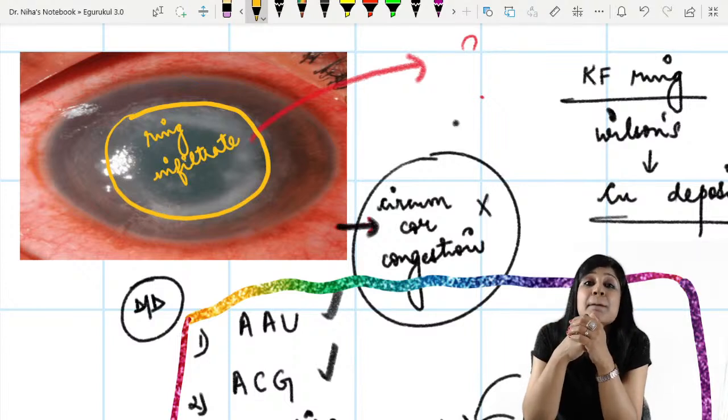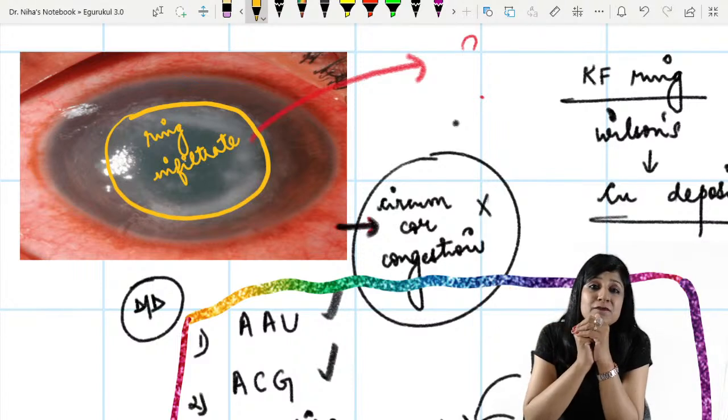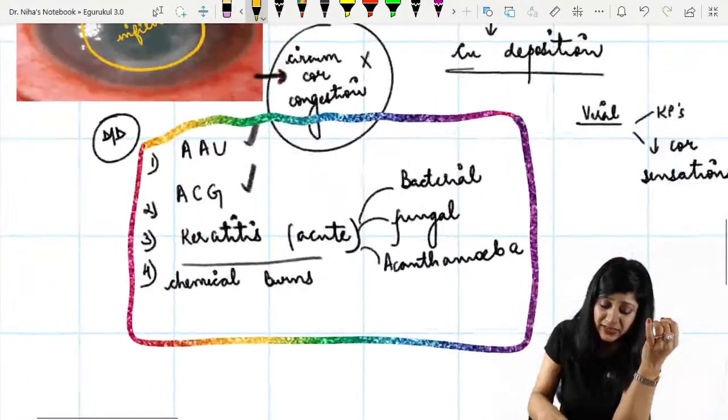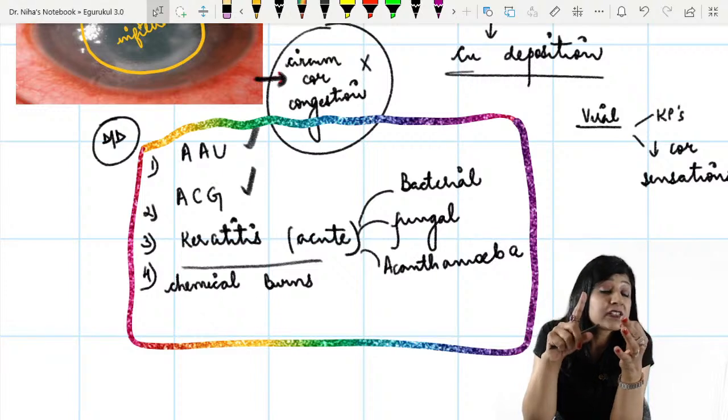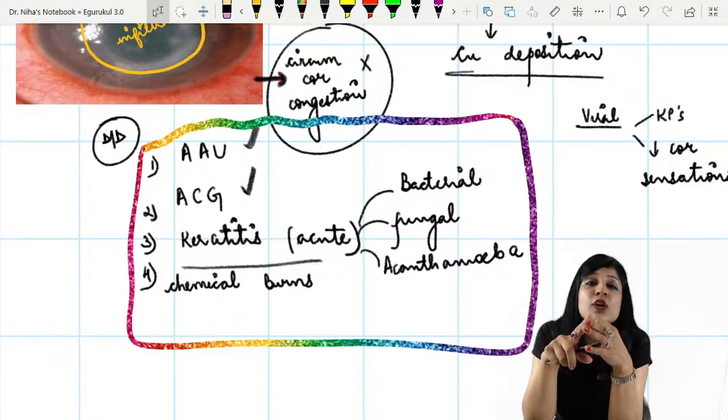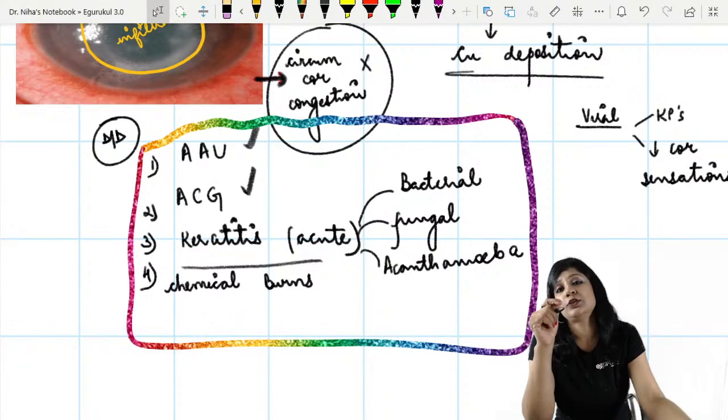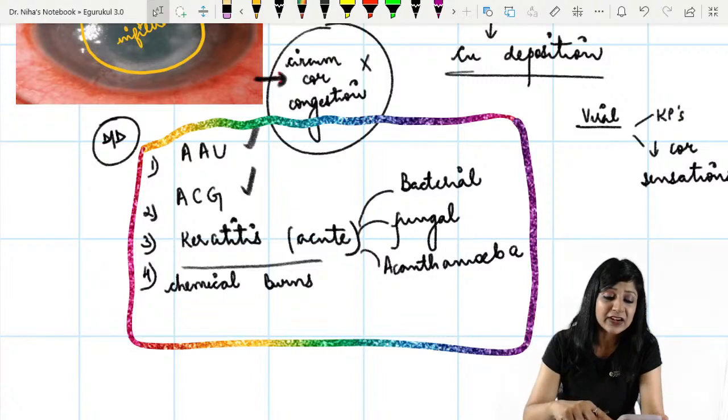This is a typical word where you get somewhere. Do you get it in acute anterior uveitis, or in acute congestive glaucoma, or in some kind of keratitis, or in chemical burns? You have to tell me this, then we will start reading the question.